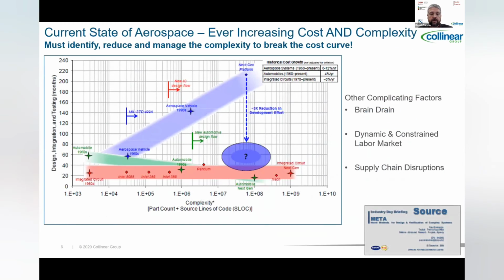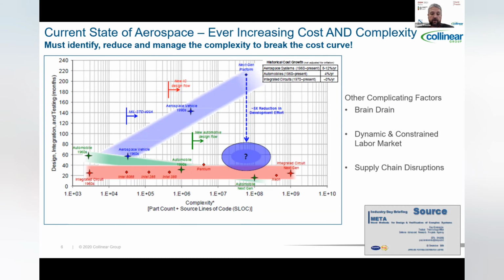So what's going on in aerospace? We've heard from some folks about what they're doing in aerospace and defense. And I like to point back to this chart. It was commissioned by DARPA over a decade ago, trying to look at why each successive major platform advancement in aerospace continues to get more and more expensive. You can think of cost and schedule along that vertical axis on this normalized graph.